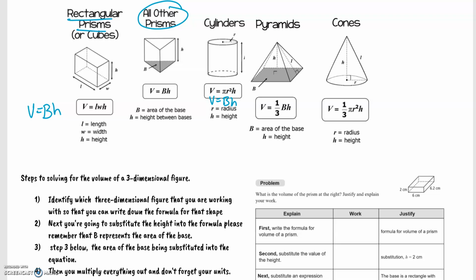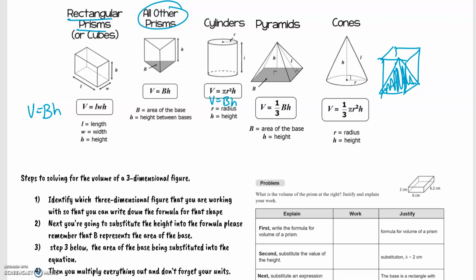It does change though when you're working with pyramids and cones. Now pyramids and cones, if I was in the classroom, I do have a container that I usually pour water in, and I can show you that it's only going to be one third of the actual space of, say, a rectangular prism if we were working with a pyramid. If that pyramid was inside the rectangular prism, it would only take up one third of that space, and there would be two thirds of empty space around that pyramid.